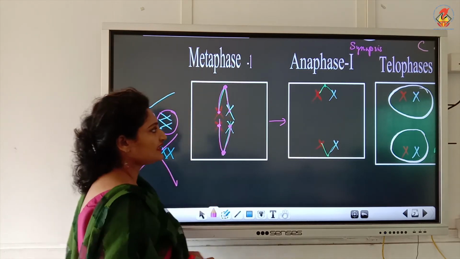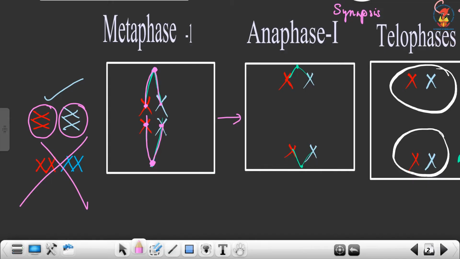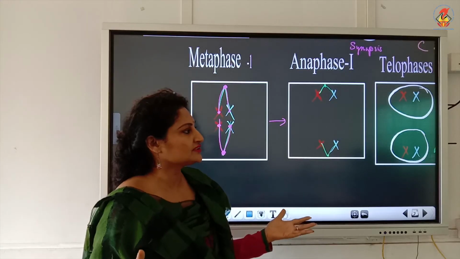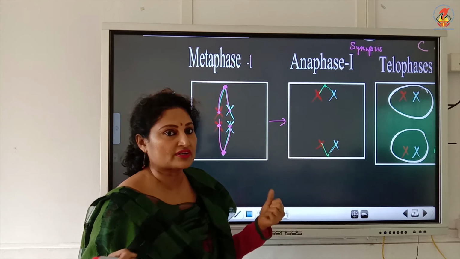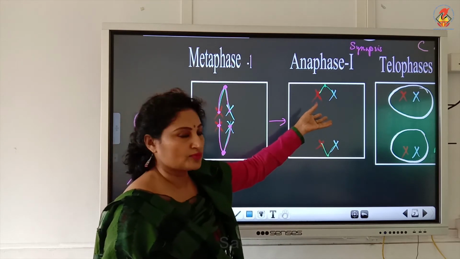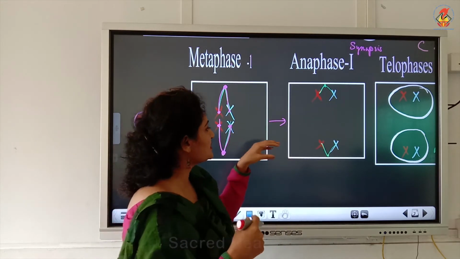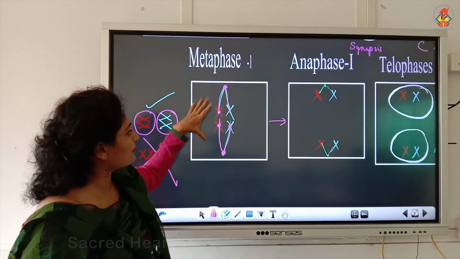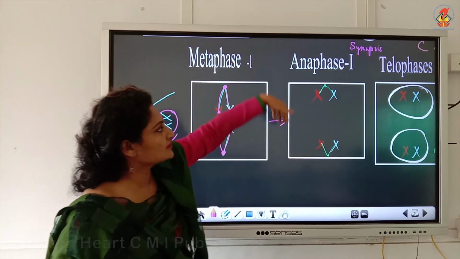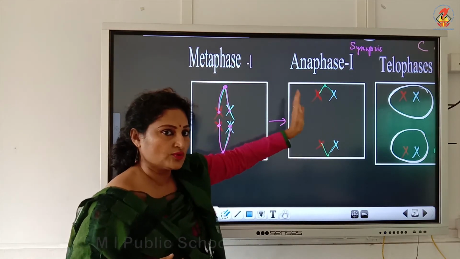Okay. Next is, in action you can understand what is happening. In anaphase stage, the centrioles give out spindle fibers. These spindle fibers contract, pulling the chromosomes to the opposite pole. So you can see in the tetrad of homologous red chromosomes, they separate. One red goes to one pole, the other red goes to the opposite pole.